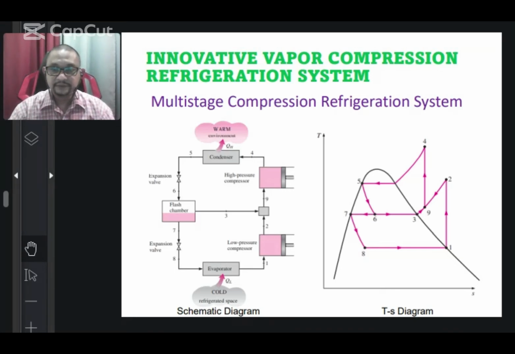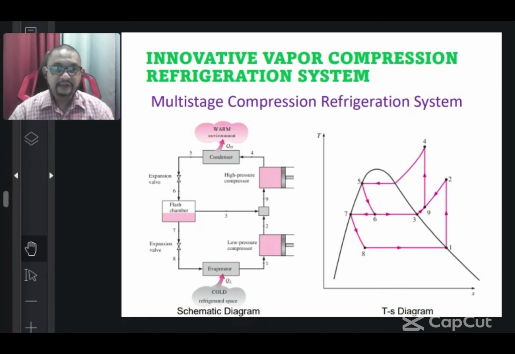So as you see in the schematic diagram, this is a two-stage compression refrigeration system. In this system, what happened? The liquid refrigerant expands in the first expansion valve to the flash chamber pressure, which is the same as the compressor interstage pressure.